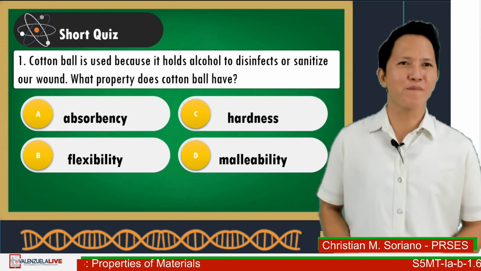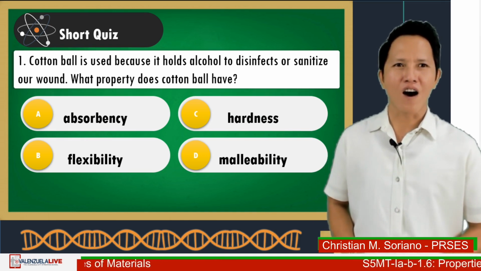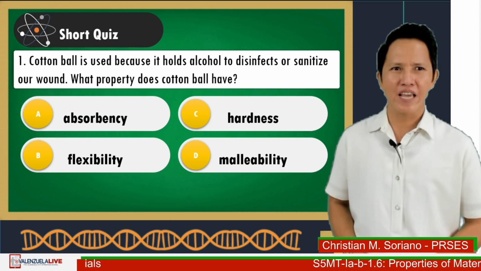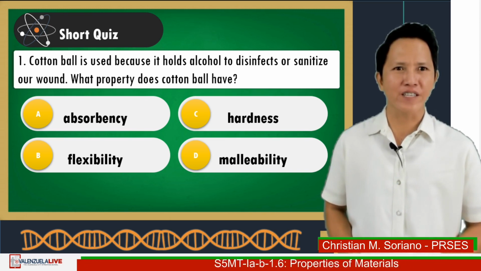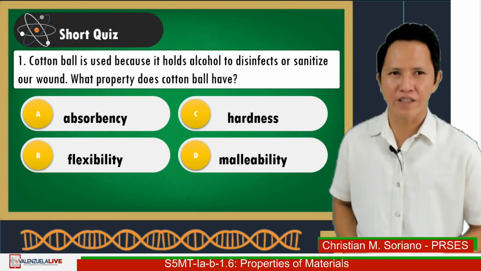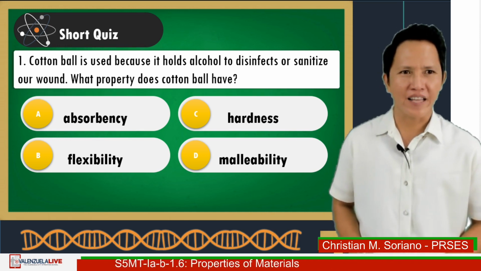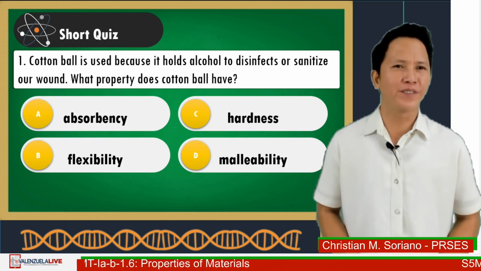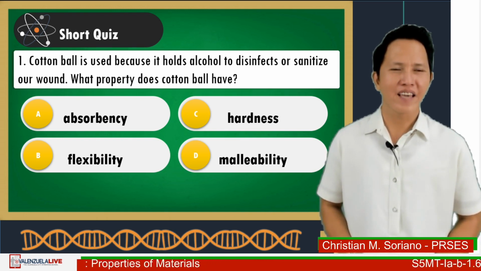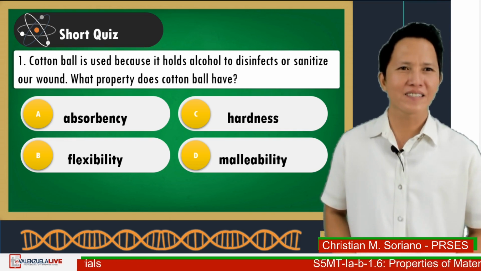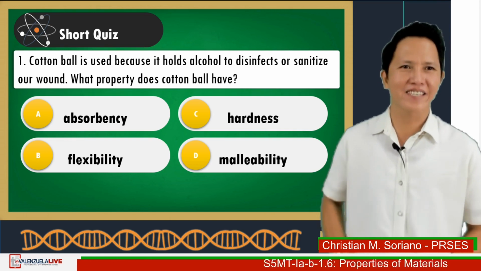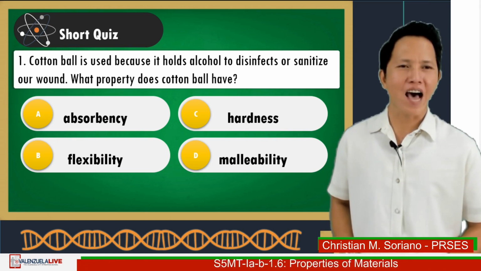Okay, let's have number one question. Cotton ball is used because it holds alcohol to disinfect or sanitize our wound. What property does cotton ball have? Can you type your answer on the comment box? Yes, the correct answer is absorbency.